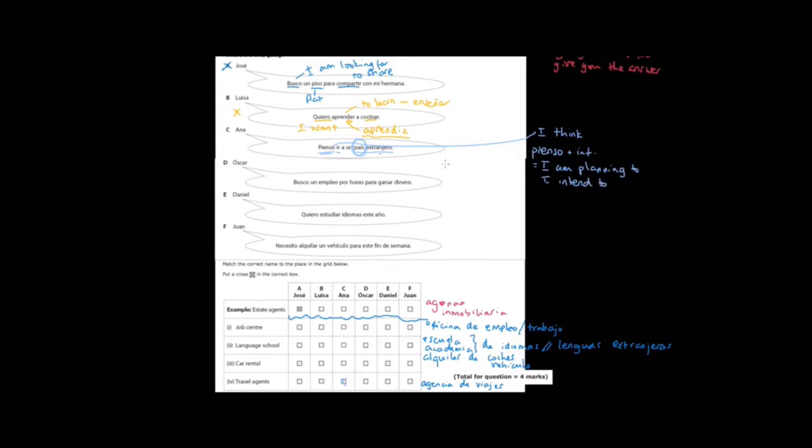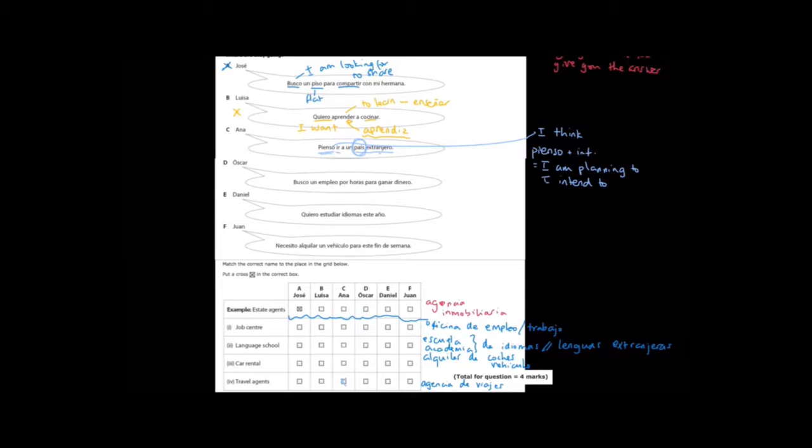So it expresses a firmer intention than just I think. It's not I'm thinking about going to a foreign country, it's not as loose as this. It's more firm. I am planning on going to a foreign country. So do remember this, pienso plus infinitive.